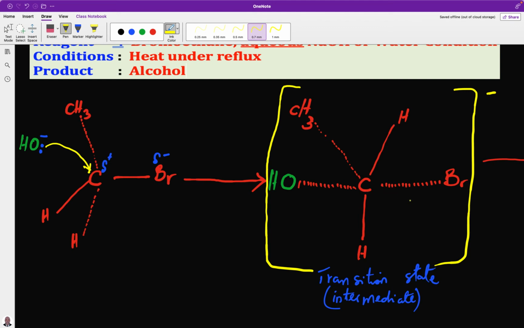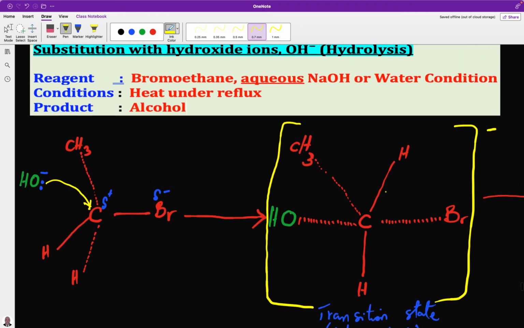At that same time, the bromine finally breaks off and goes as a leaving group with its lone pair of electrons. By doing that, the nucleophile, the hydroxyl group here, has finally substituted the bromine, and that's why we call it substitution with hydroxide ion.